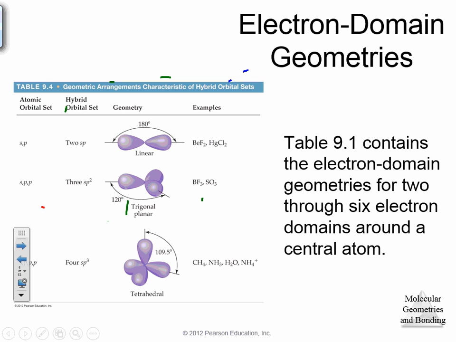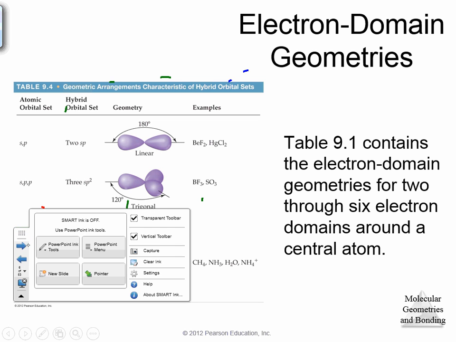Now, we're going to go through Table 1. Table 1 is essentially a run-through of how bonds work, and kind of an idea of how it works. We are not going to get set on Table 9.4 yet. That's 9.4 in the slide here until section 9.2. So just kind of hang on to that. But what we're going to do is go through the electron domains for 2 through 6. We're going to show you some possibilities, and we're going to give you the specific names for those electron domains.